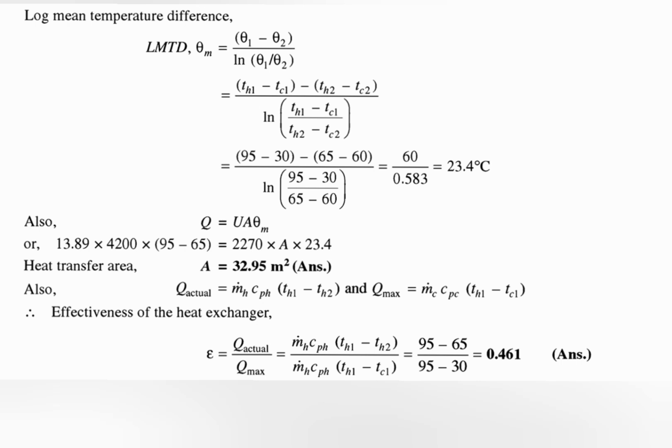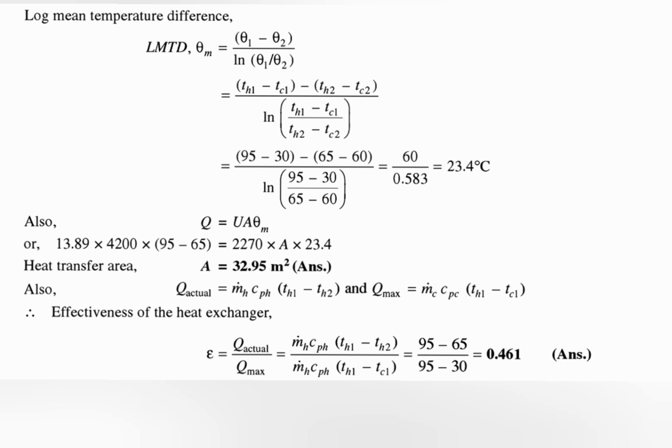The next part is to find the effectiveness. Effectiveness is simply the ratio of actual heat transfer to maximum heat transfer. The actual heat transfer can be either mH CpH times Th1 minus Th2, because the temperature difference is actually occurring in the hot water.